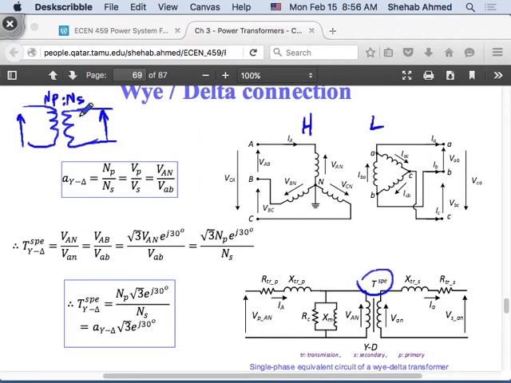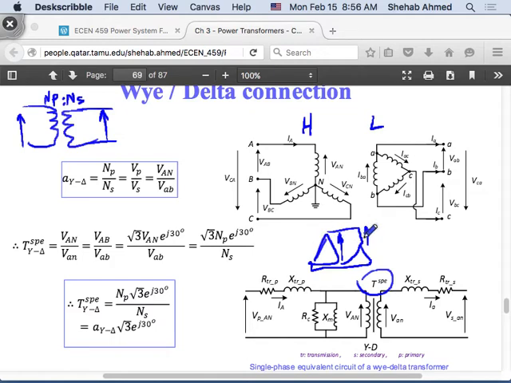So we had our delta, and remember we connected a fictitious star across it. We took this voltage on the delta, on the transformer, and said, okay, what is the corresponding voltage on the phase of the star?